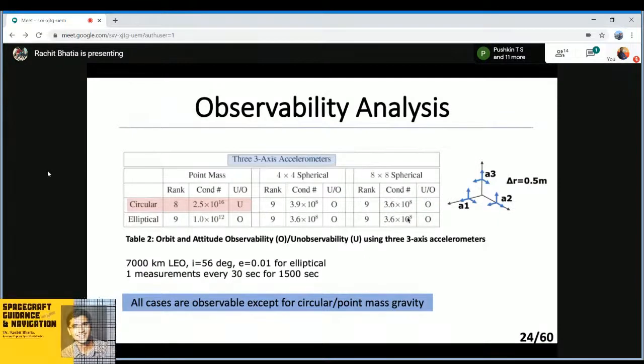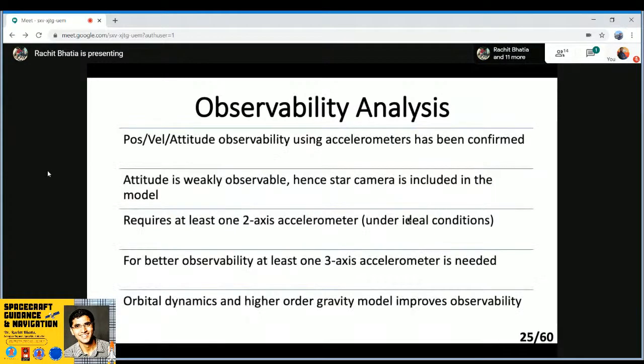So this confirms our insight about the system, that the concept can work, and we can use accelerometer measurements to at least measure position and velocity.